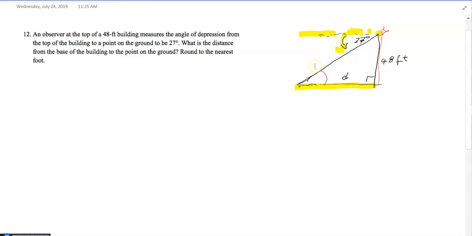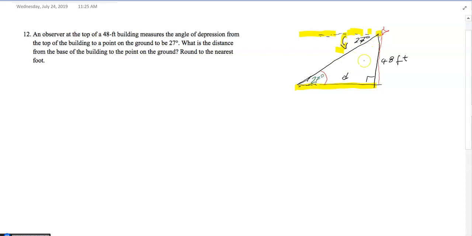So let's look at corresponding angles. That's one way of looking at it. Let's say this Z angle, we have this 27 degrees here. Those are two horizontal lines. The Z connecting between them makes this angle, 27 degrees up here, equal to this angle down at the ground, 27 degrees.